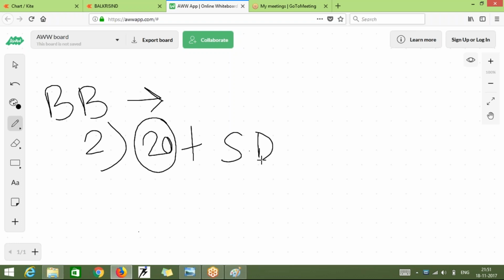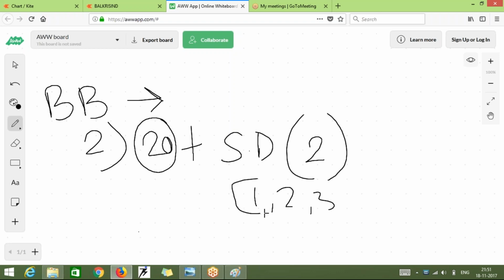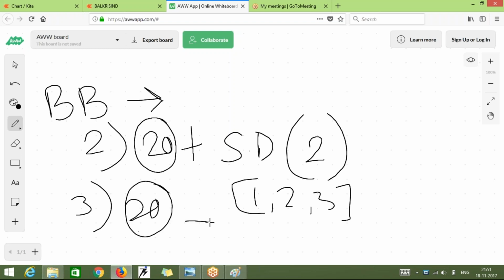The default standard deviation which you could find in your trading terminal is 2, but it can be changed. It can be 1, 2, 3, but again the default works. And the third one is 20 minus the standard deviation, again a 2 period standard deviation. This is what Bollinger Band is all about.